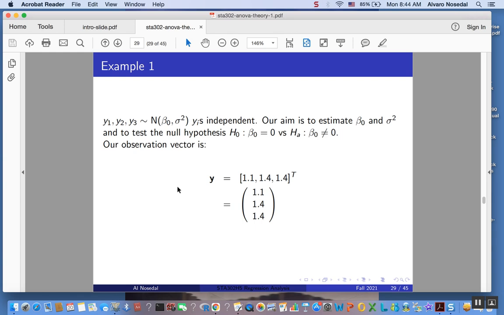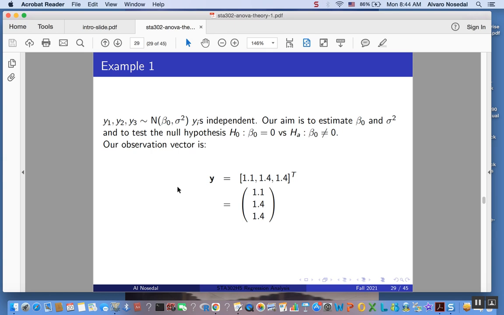As you can see, we have two goals. Number one, we want to estimate beta 0. And number two, once we have estimated that parameter, we want to carry out the hypothesis test and see whether or not beta 0 is different from 0, statistically speaking.